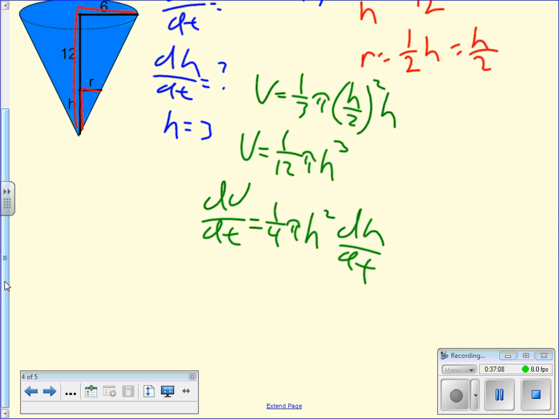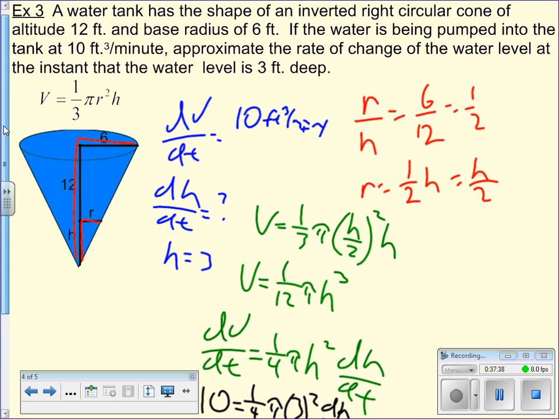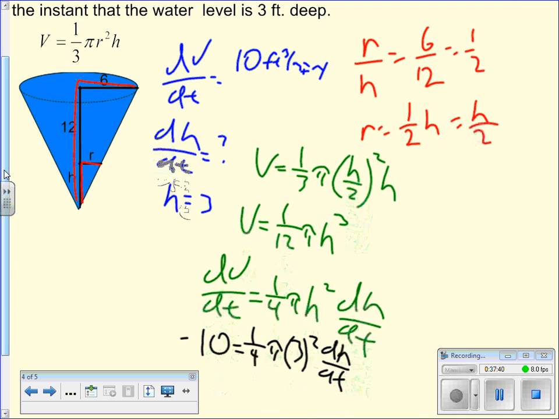Put numerical values in for the 2 you know, find the third you don't. And the water is being pumped in, so it is positive.